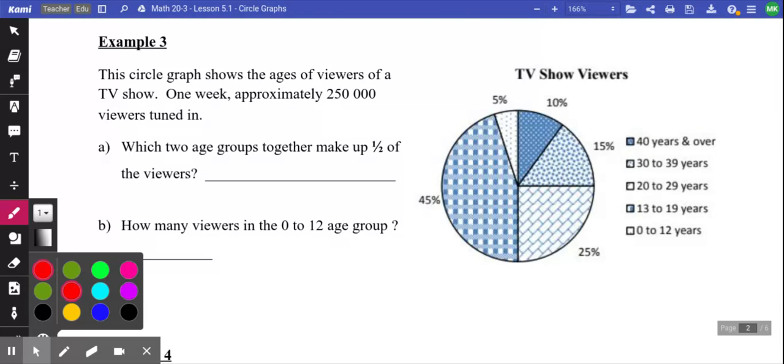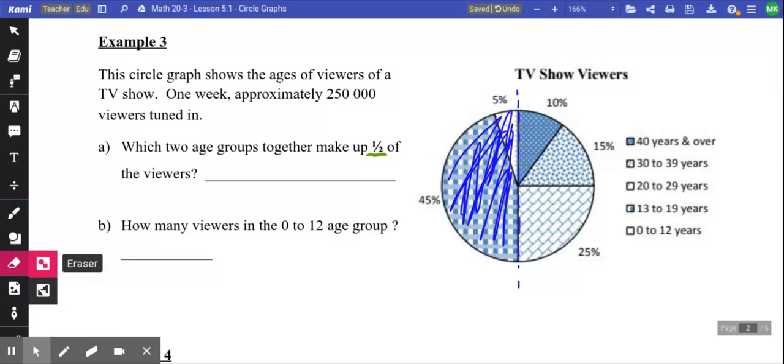So if I look at my circle, I'm looking for half my circle. That means I'm splitting the circle in half like that. And I can see that these two groups combined would give me half.